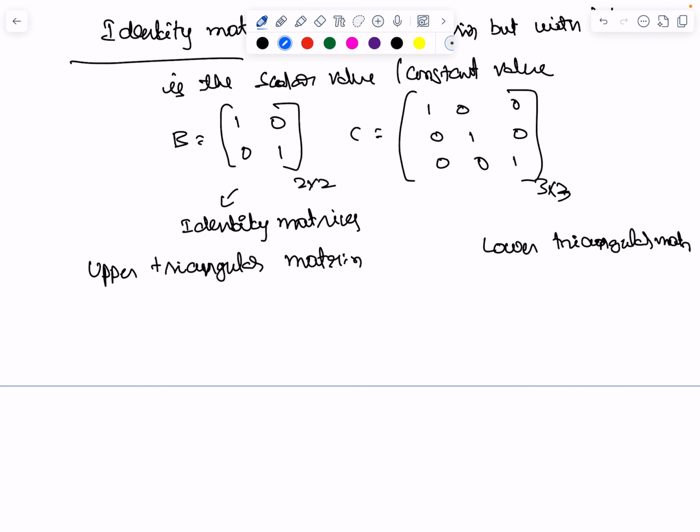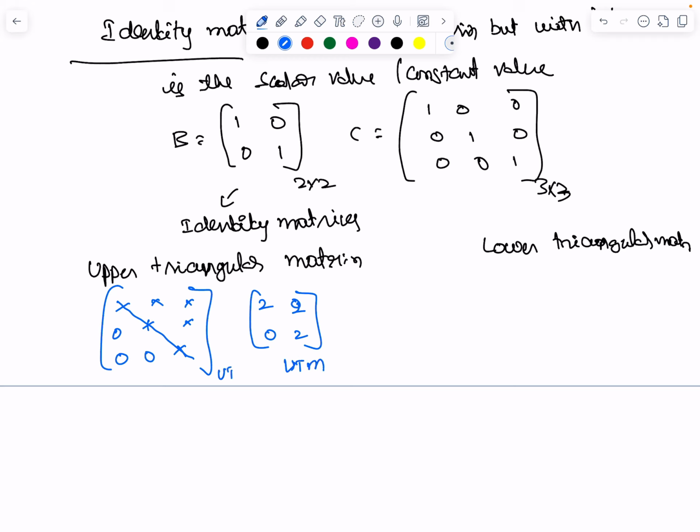In upper triangular matrices, only the entries in the main diagonal and above the main diagonal are non-zero. Everywhere else it must be 0. So for example, 2, 0, 2, 2, 0, 2. This is an upper triangular matrix.